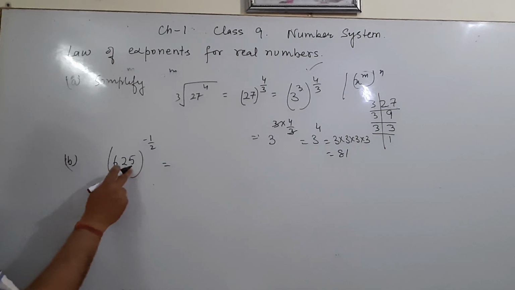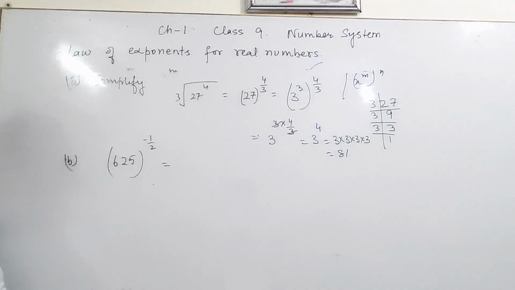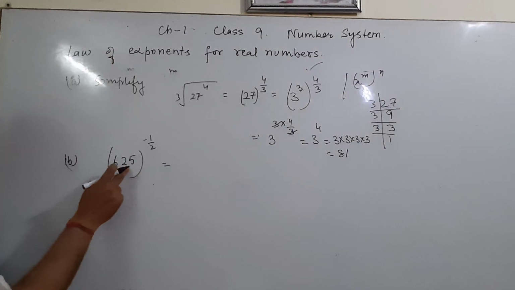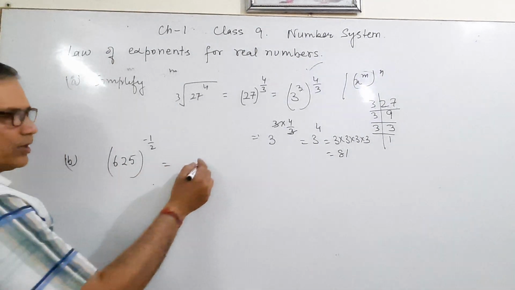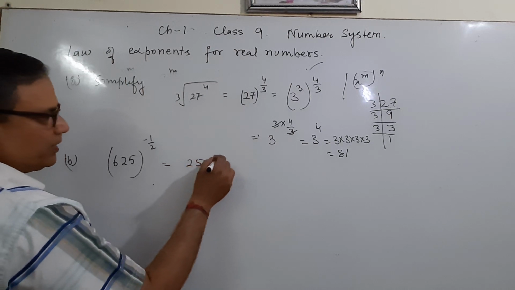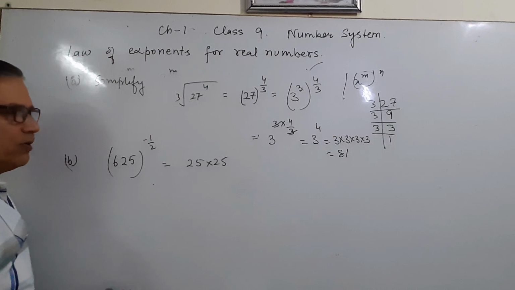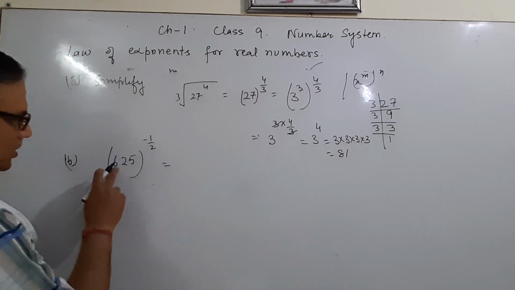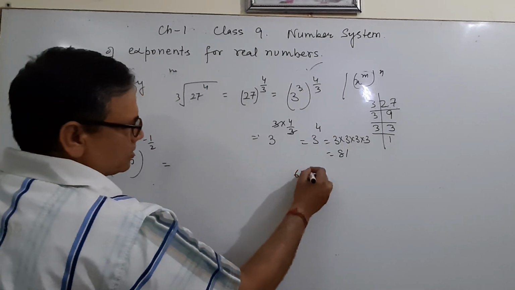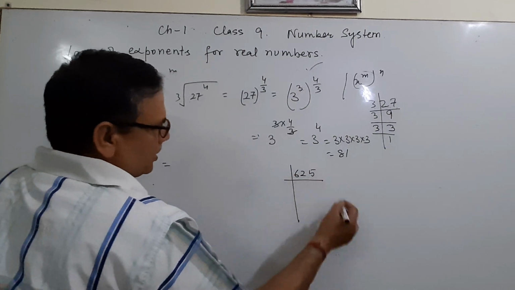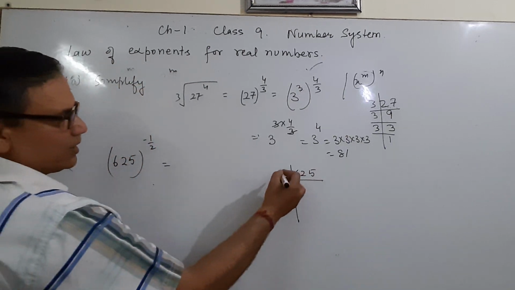You can do it directly as 25 into 25, no problem for that. But I am not solving by this method. We have to factorize 625. It is in the table of 5.